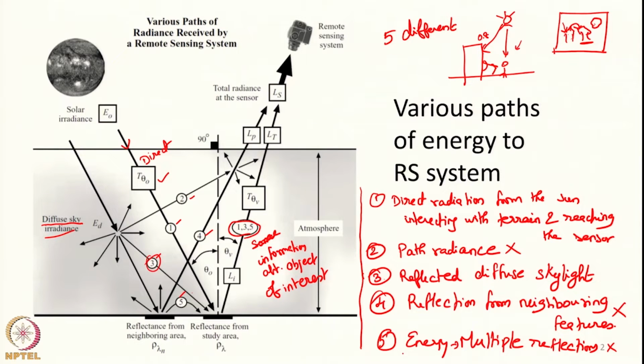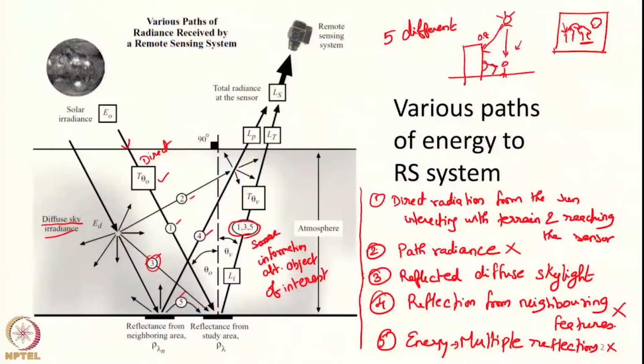And also path 4, that is the signals from neighboring features. In remote sensing we cannot do anything about it. Normally when we do our various applications, if our images contain signals from neighboring features, neighboring pixels, we have to use them judiciously. That is kind of inbuilt within the system, we cannot do much about path 4, so we can leave it.